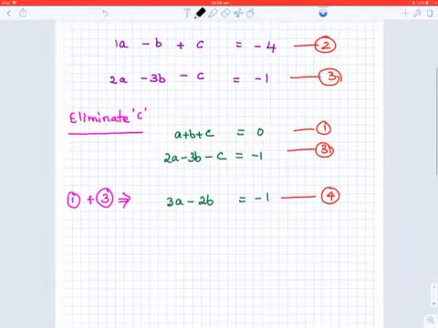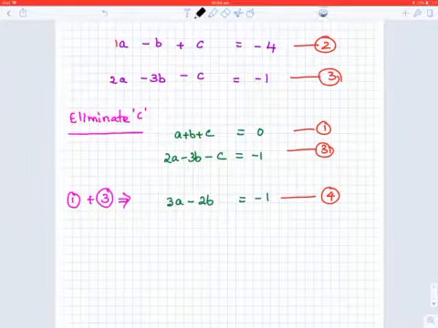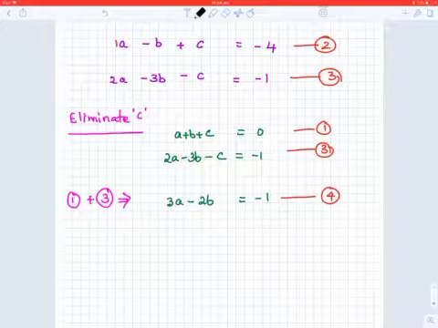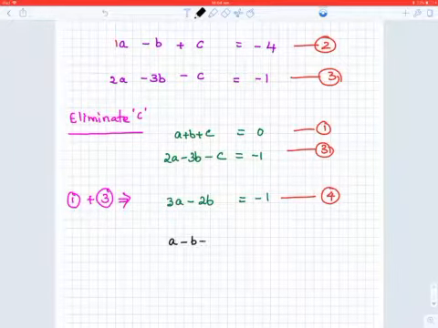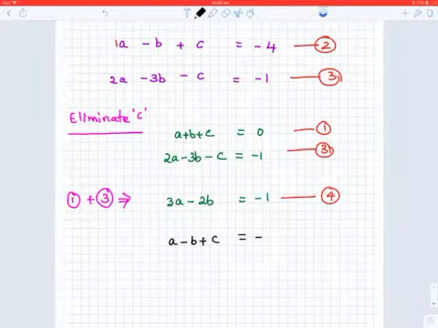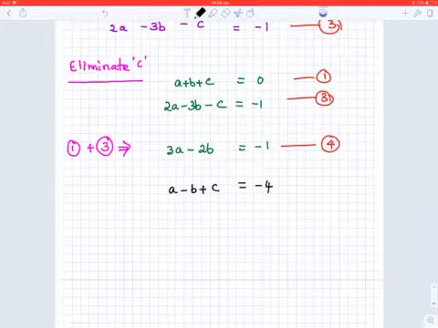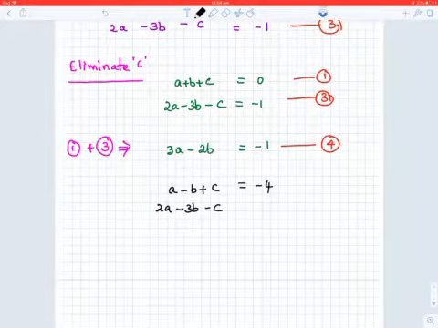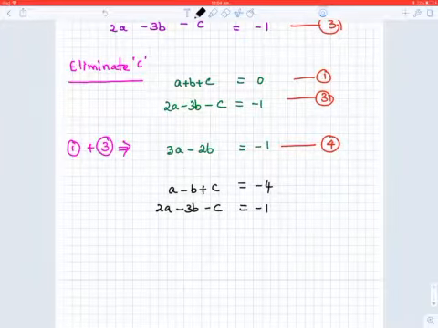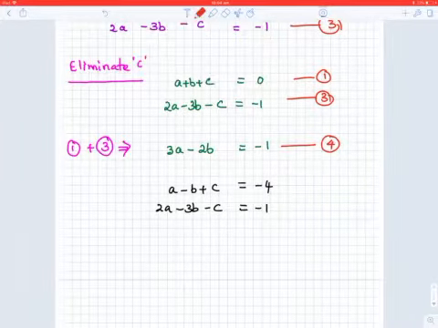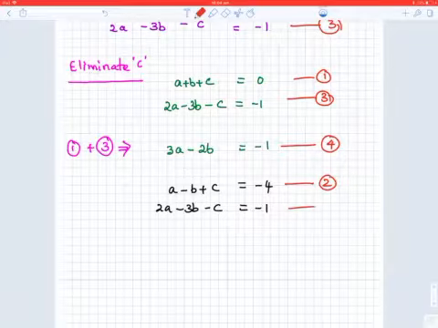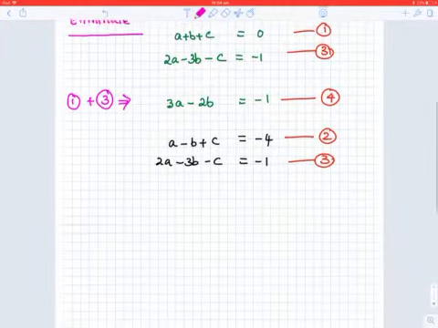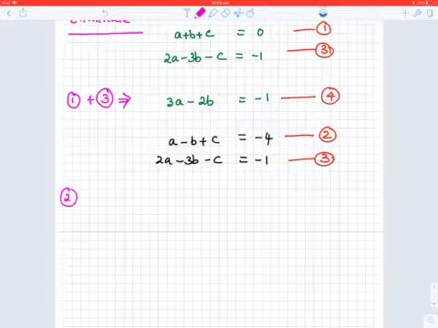Now I still have to eliminate C, but this time I'm going to take 2 and 3. So I'm going to rewrite 2 and 3. Equation 2 is A minus B plus C equal to minus 4, and 3 is 2A minus 3B minus C equal to minus 1.